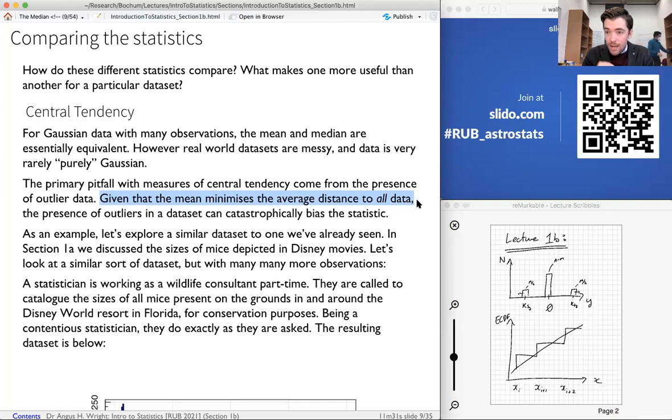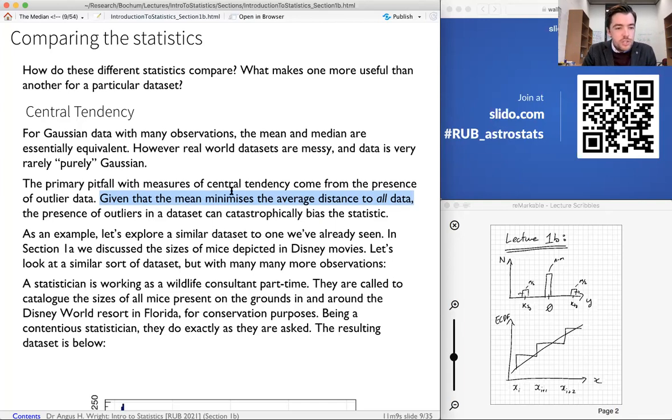And that means that if you have a very nicely compact set of data and then one value out near infinity, then that data point needs to be minimized in its average distance as well. And that causes very, very high sensitivity to outliers that are unphysically far away from the mean, essentially.